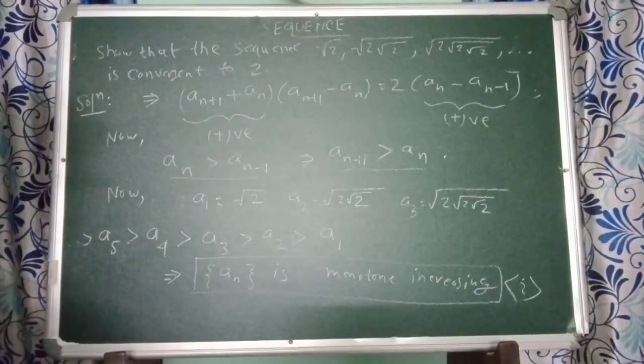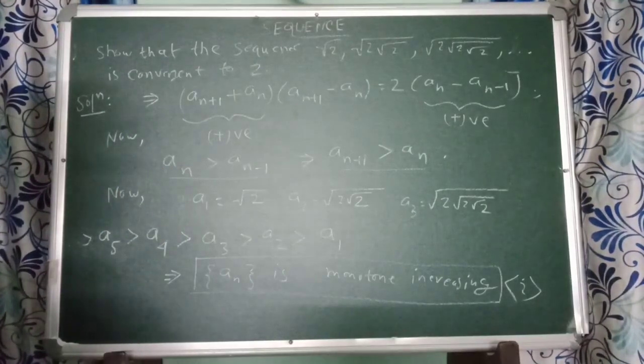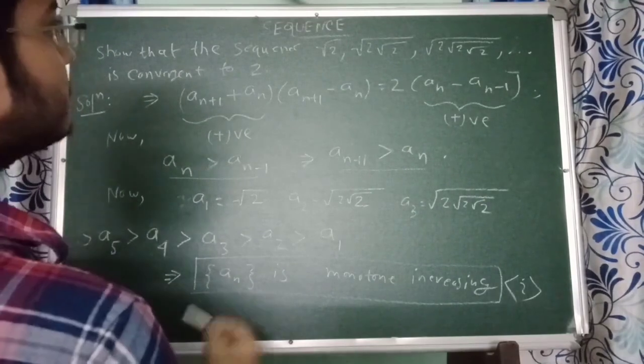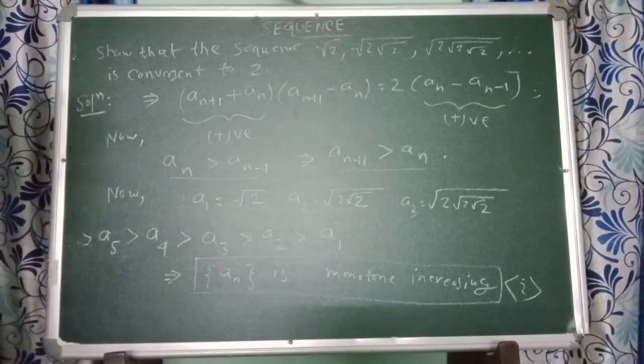Next we show that the sequence has an upper bound, and so by the previous result we can say that the original sequence is convergent.